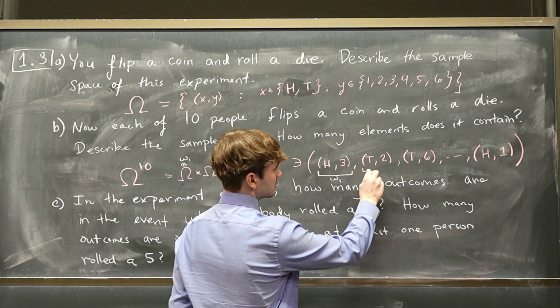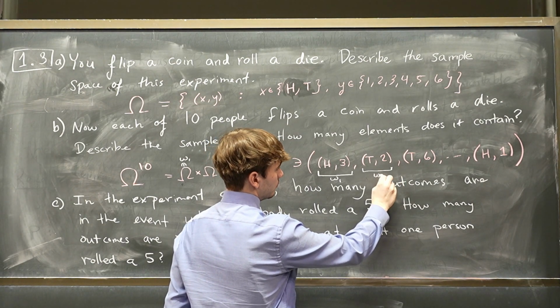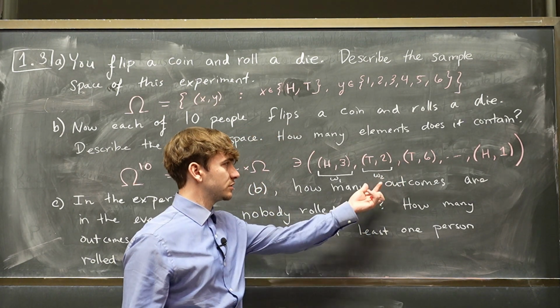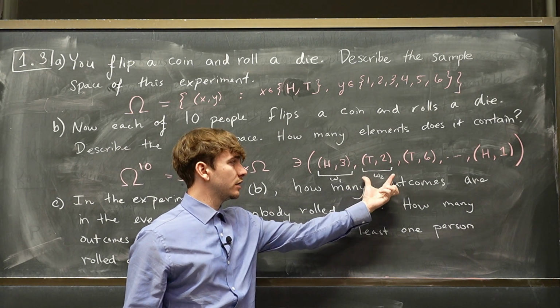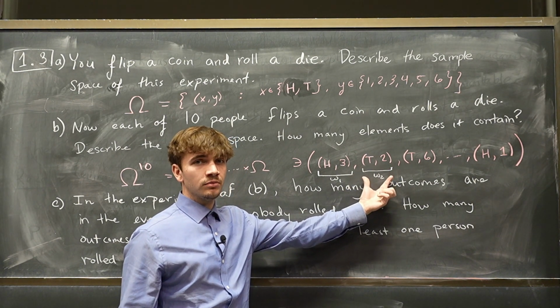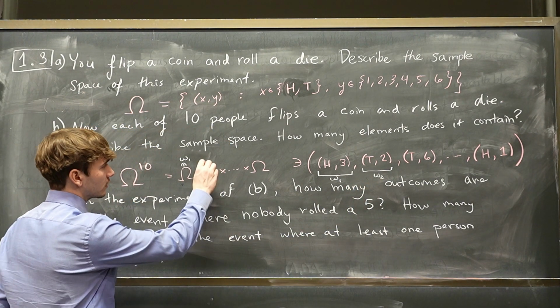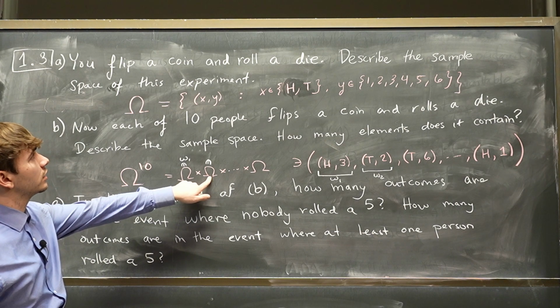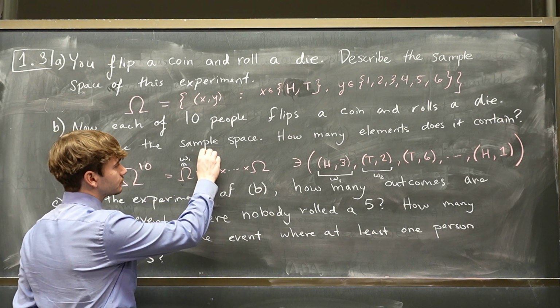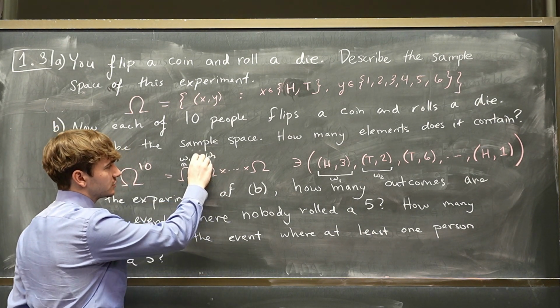If I look at this second outcome of the second person flipping tails and rolling a 2, then this outcome belongs to this copy of our sample space, and so on and so forth.